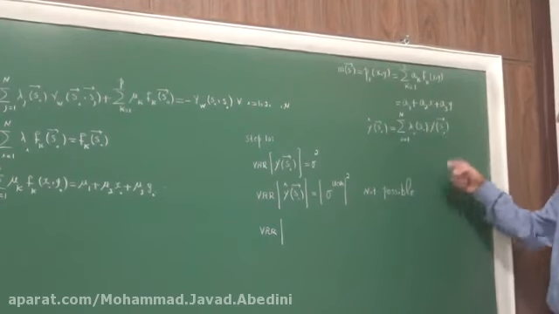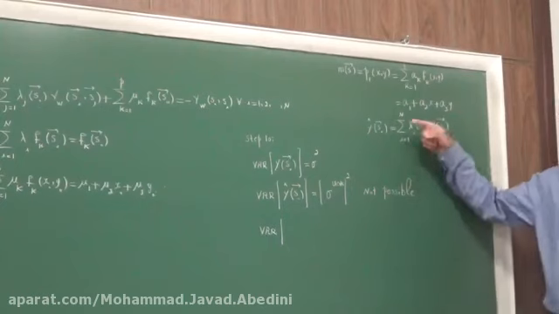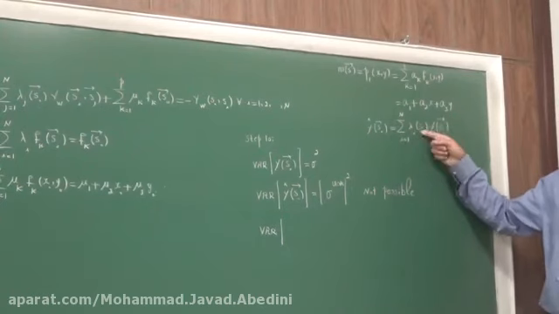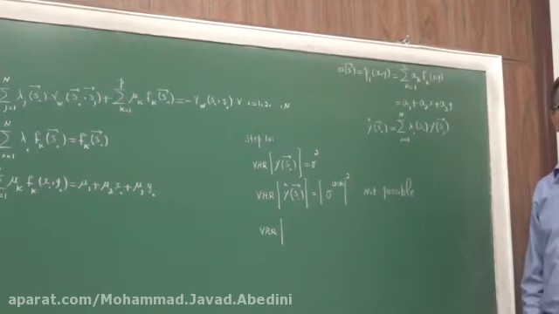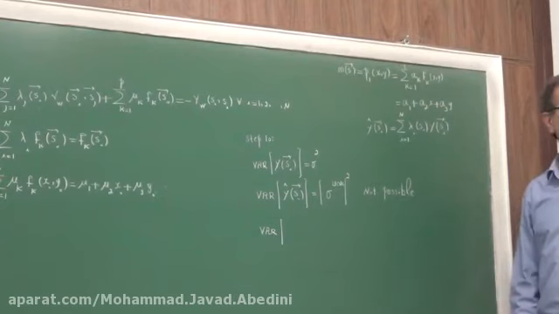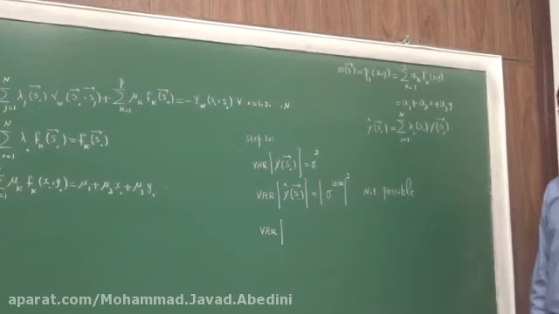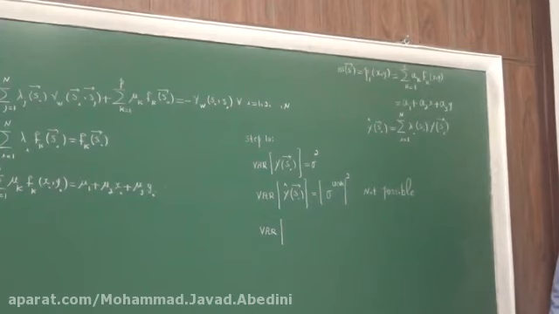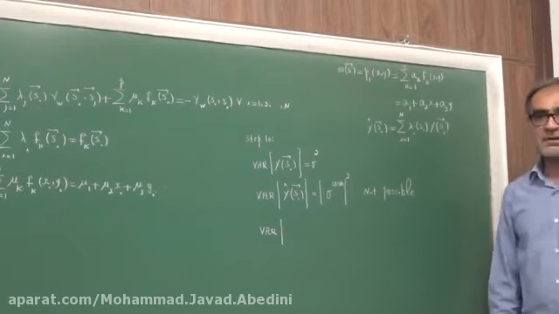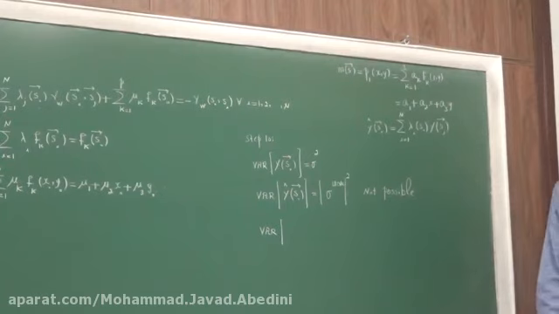Variance of y cannot be written as a double summation lambda i lambda j r sub Si Sj. Why? This is because y is not stationary. If y is not stationary, then you do not have access to covariance of y. Therefore, you cannot write this as double summation lambda i lambda j r sub y Si Sj.